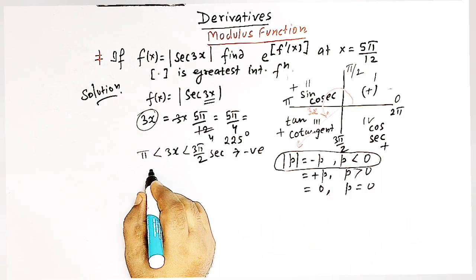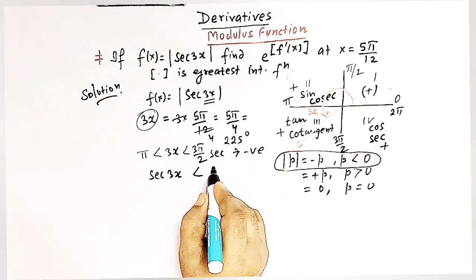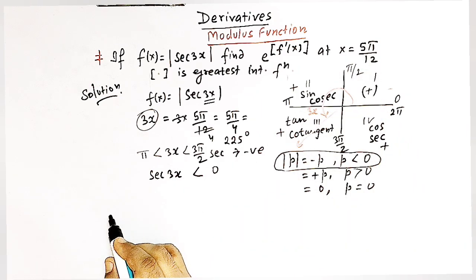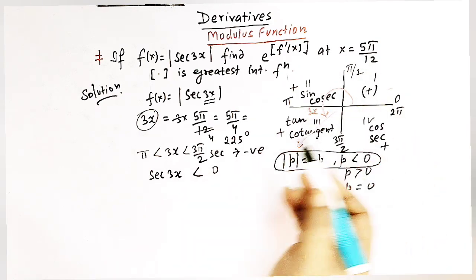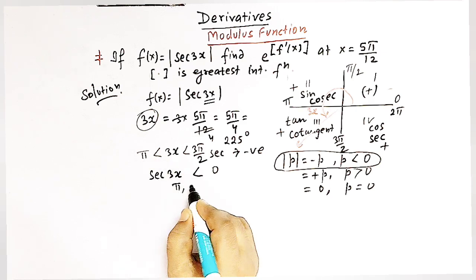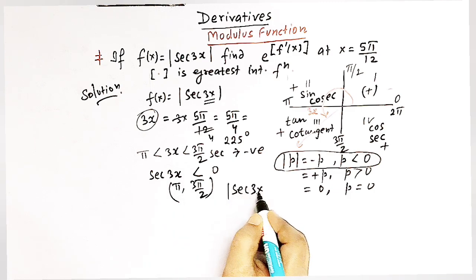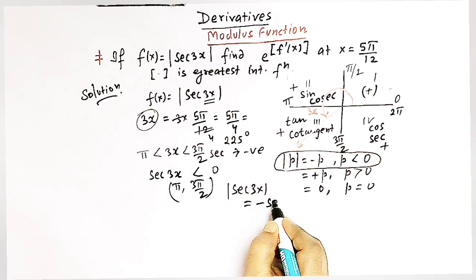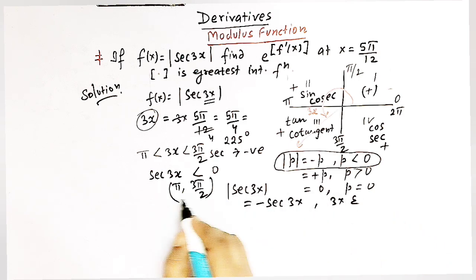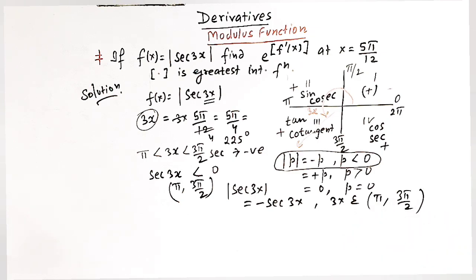So now secant 3x is negative, that is it is less than 0 when x is 5 pi by 12. Or in other words we can say that 3x lies in the interval pi to 3 pi by 2. So mod of secant 3x is equal to negative of secant 3x when 3x belongs to the interval pi to 3 pi by 2.